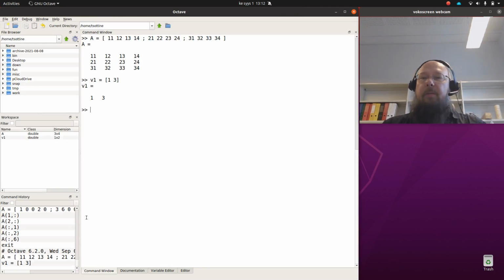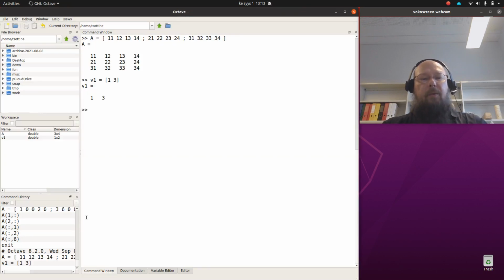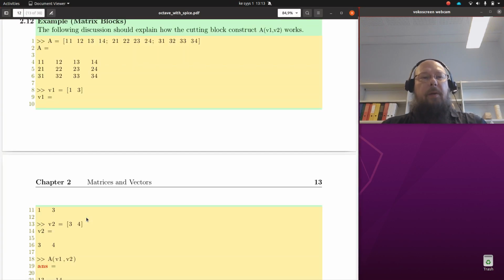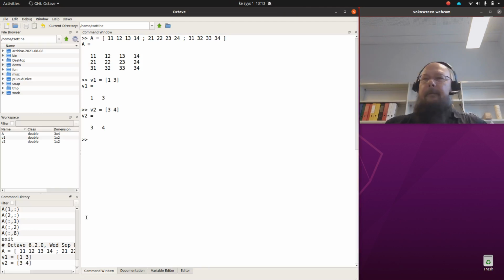So it's a row vector with two elements. First element is 1 and second element is 3. Okay. And V2 will be similarly a row vector, but now 3 and 4 are the elements. Okay. So now I have defined matrix A, vector V1 and vector V2.